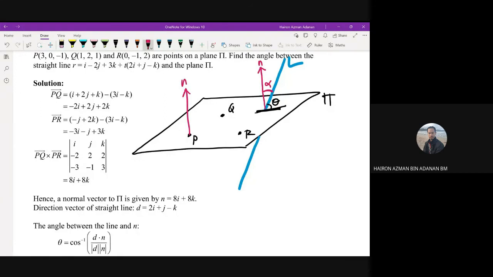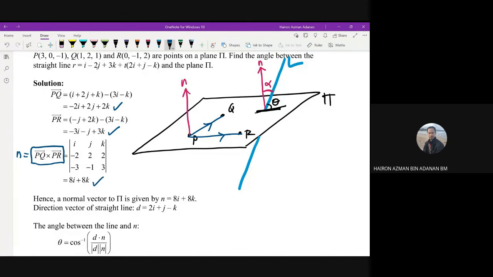Okay. So dekat dalam nota saya menggunakan titik P. So apa yang saya akan buat adalah saya akan cari P pergi Q, P pergi R. And then I cross. Kenapa I cross? Ini adalah untuk mencari normal. Okay, so bila I dah dapat normal, ni normal dia.